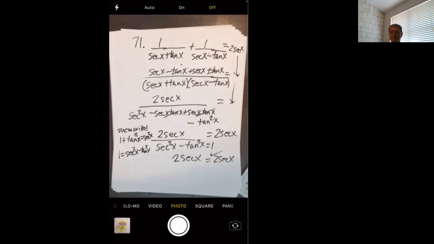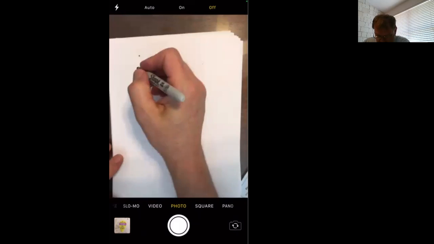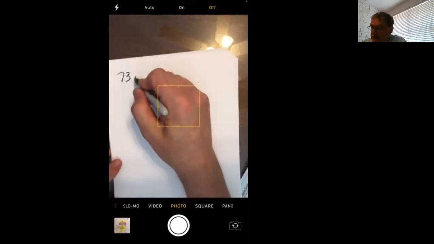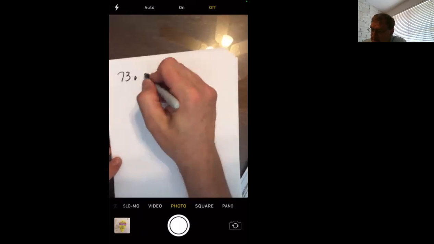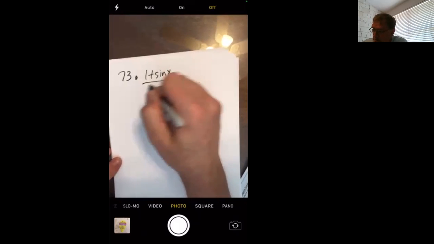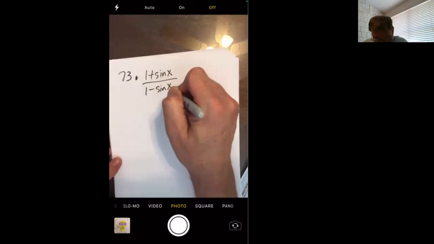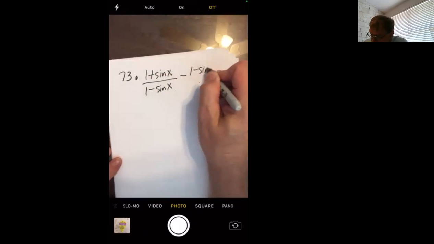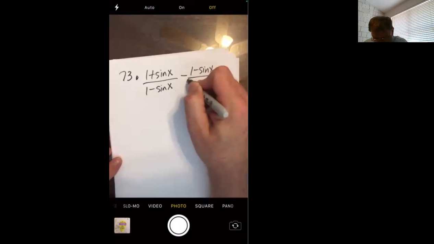One more. And then we won't turn the page of horrors on the next page. 1 plus sine of x over 1 minus sine of x, plus 1 minus sine of x over 1 plus sine of x.